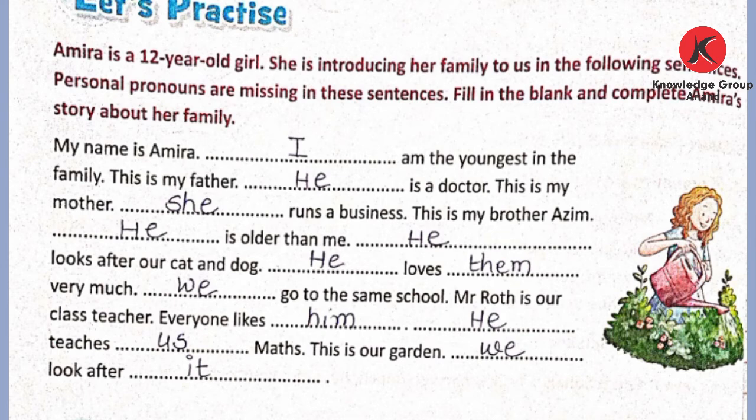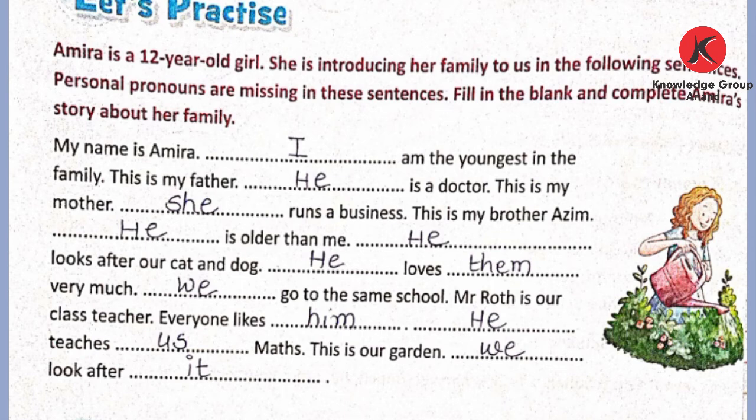So here we have done filling the blanks with personal pronouns, subjective and objective. I, he, she, we, it are the subjective, but them, us and him are the objective pronouns. So, dear students, both exercises you have to write down in your textbook as well as in your notebook.